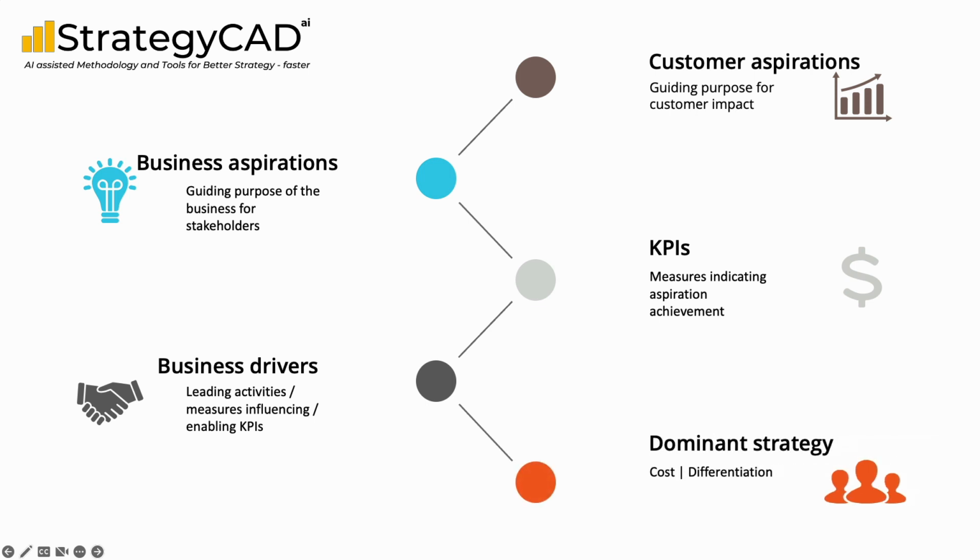Then you'll define your KPIs that measure the progress on your customer and business aspirations, then your business drivers, and at the end of your aspiration choice, you'll define your dominant strategy. Are you going to be a cost leader focused on operational efficiency, or are you going to be a differentiation strategy with either product leadership or customer centricity as your dominant strategy?